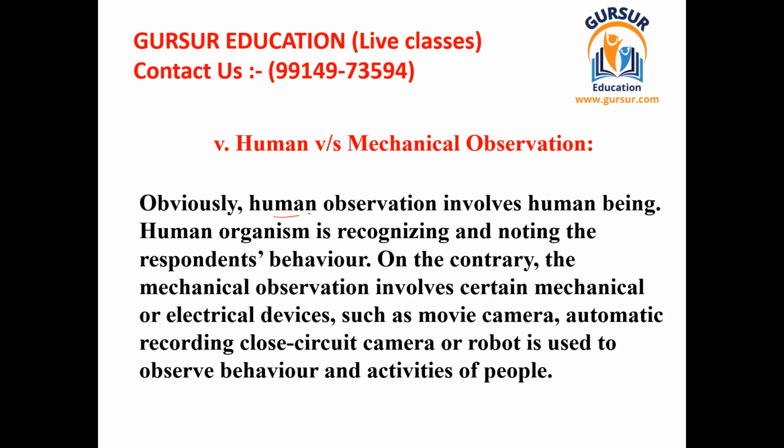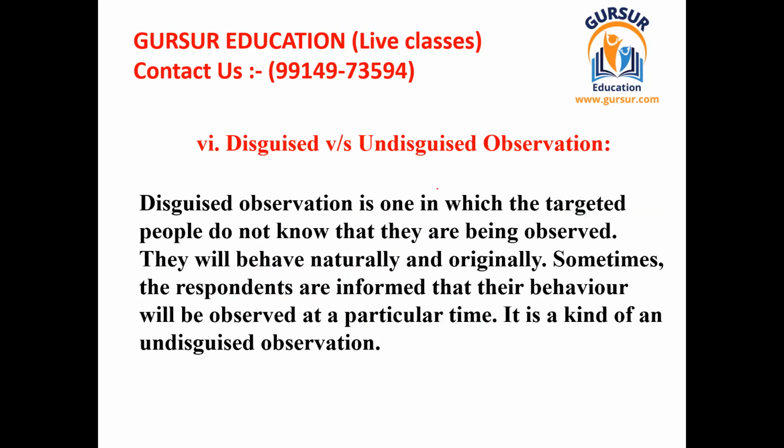Human observation involves a human being recognizing and noting human respondents' behavior. On the contrary, mechanical observation involves mechanical or electronic devices such as a movie camera, automatic recording, closed circuit camera, robot, or anything. If technology is being used, this is known as mechanical observation.